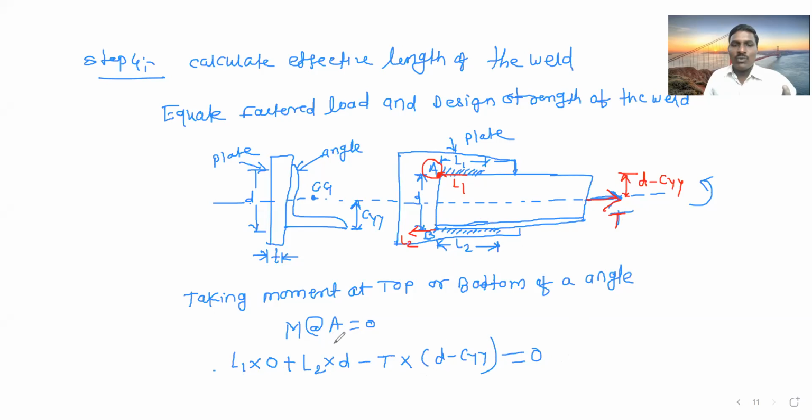So that is the moment at A. So now L2 into D, L1 into 0 is 0. Okay. So first term is 0. Now T into CYY is equal to 0. So now here the target is to calculate L2.